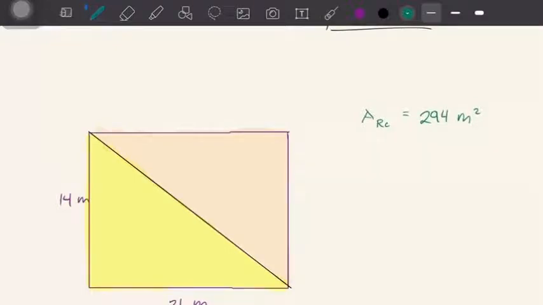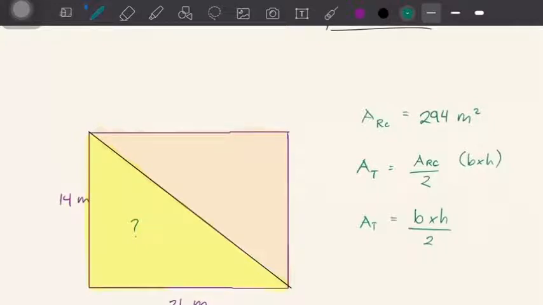Logically speaking, when we want to get the area of one of these triangles, the area of the triangle is equal to area of the rectangle divided by 2. The area of the rectangle is also the same as base times height. So literally speaking, an area of a triangle is equal to base times height divided by 2.